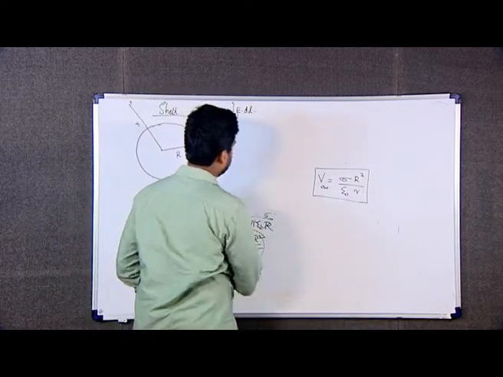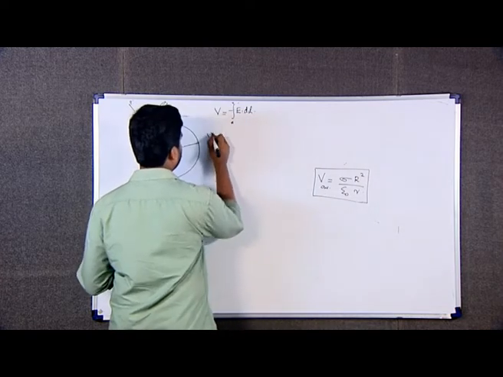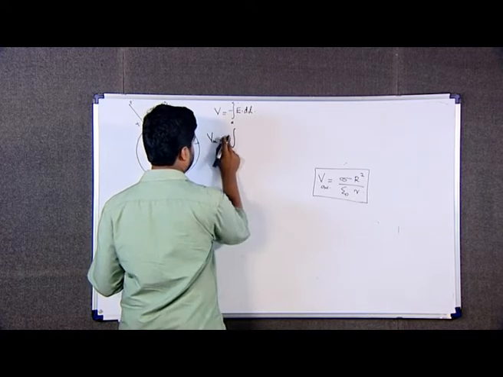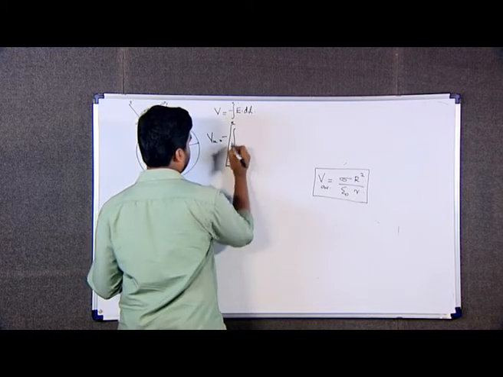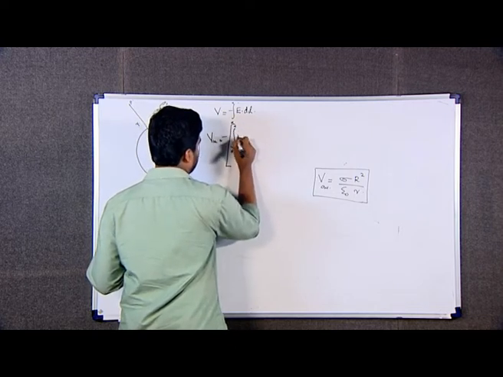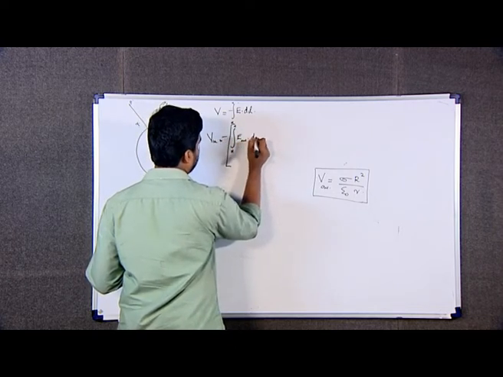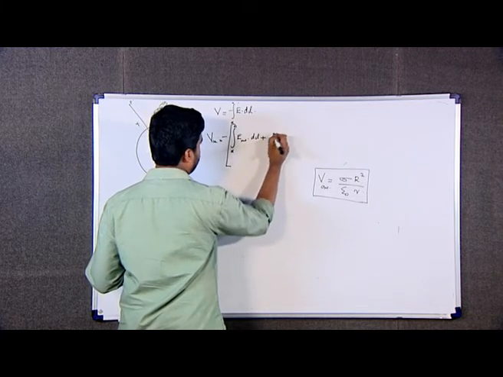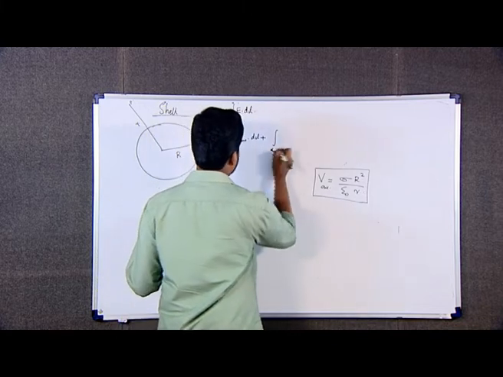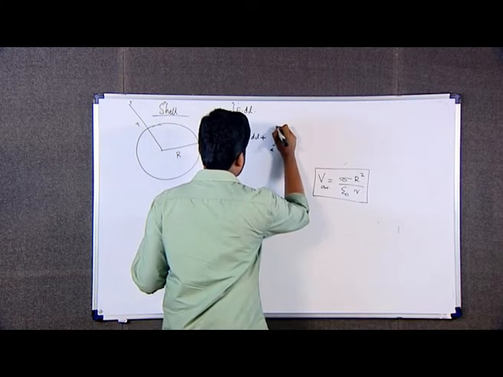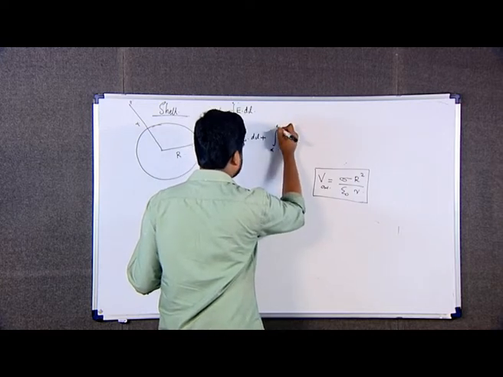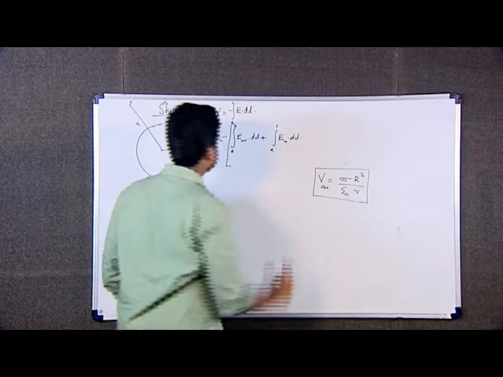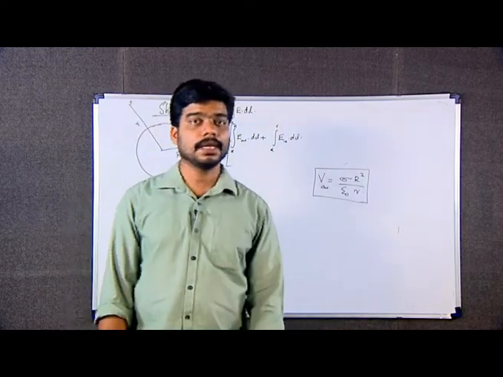V in is equal to minus the integral from infinity to r of E out dot dl, plus the integral from infinity to the small letter r, where r is the point inside the shell, of E inside dot dl.